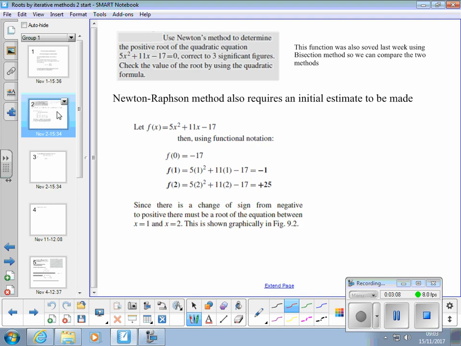When x is equal to 0, the function has a value of minus 17, negative. We make x equal to 1, it's still negative, a value of minus 1. When x is equal to 2, the function is worth 25, plus 25. We've got a negative to positive change.